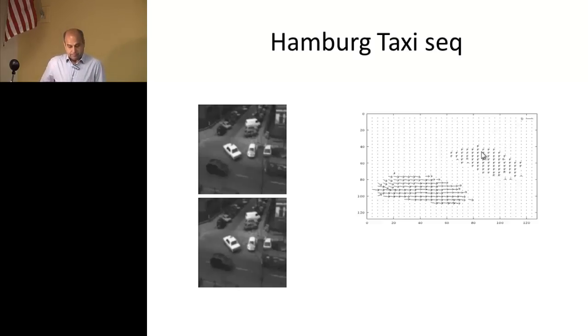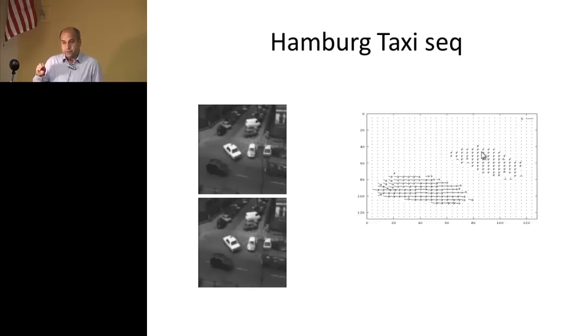So this pair of images is from what is called the Hamburg taxi sequence. This has a historical background, because if you look at computer vision history, motion analysis was started by a couple of very famous researchers. One was Hans Nagel from Germany. He was at Hamburg, and then there was Jake Agarwal from UT Austin, and so on.